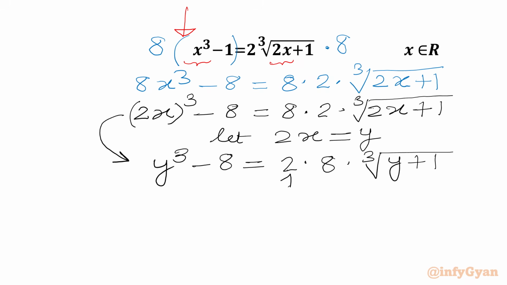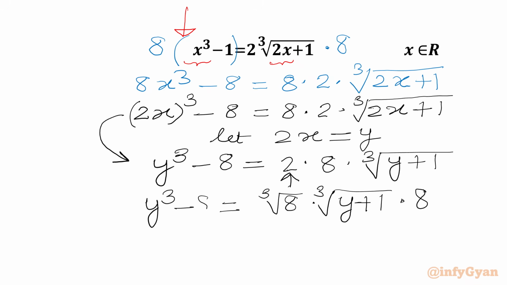Now we can write this 2 as cube root 8. Then we will write the cube root of y plus 1. Then we will write the remaining 8. And in the LHS we have y cube minus 8.